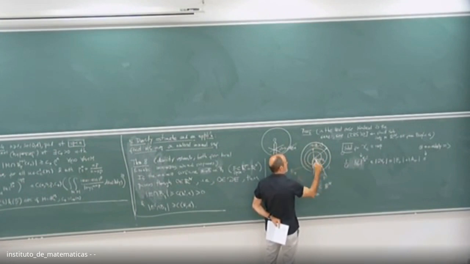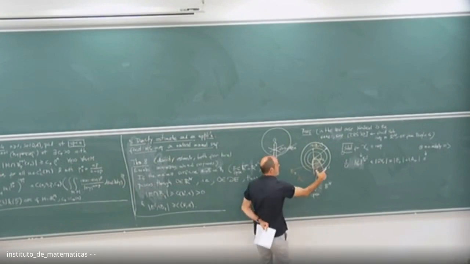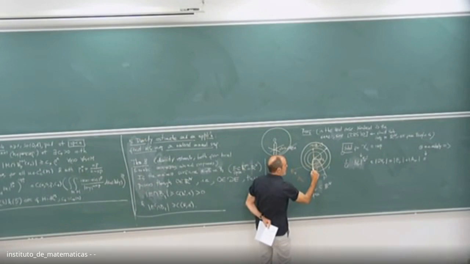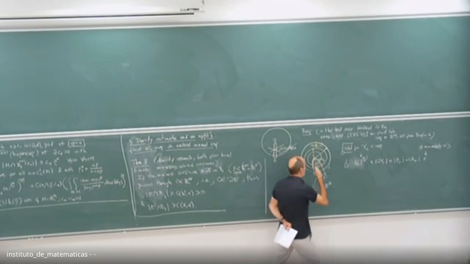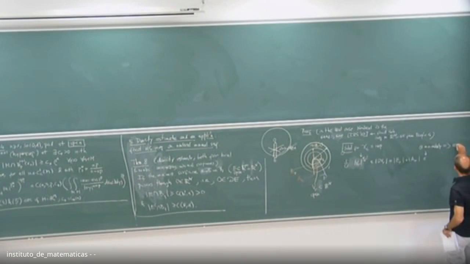Since this one is minimizing, the length of orange must be smaller than the length of yellow. Or you can argue in V_1 if you want, and the remaining thing will be the yellow with the white and the orange with the white, but the whites will be common and will simplify, okay? So minimality immediately gives that E_r is less or equal than A_r.